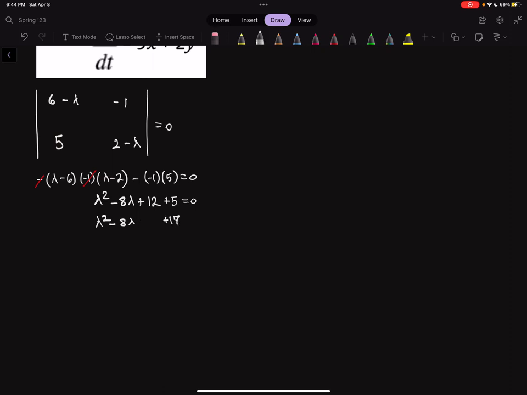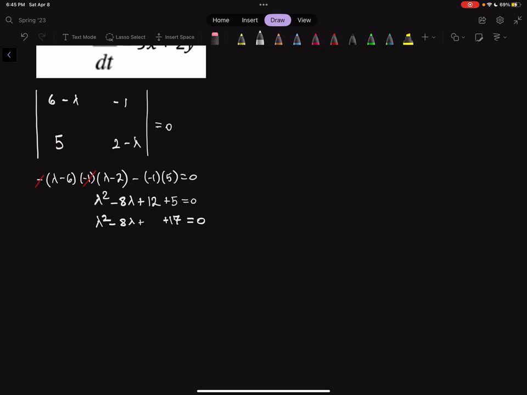So I notice that there's no two numbers, because 17 is a prime number. There's no two numbers that multiply to 17 and add up to negative 8, because the only two numbers that I could multiply together in the first place are 17 and 1, both positive or both negative. So I'll complete the square.